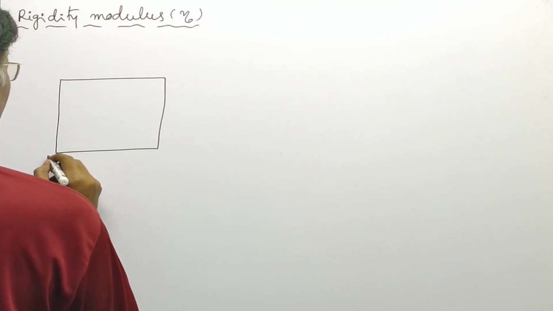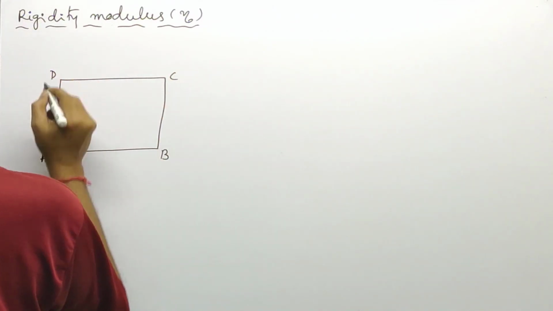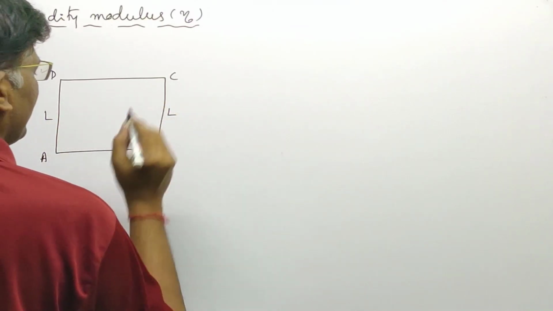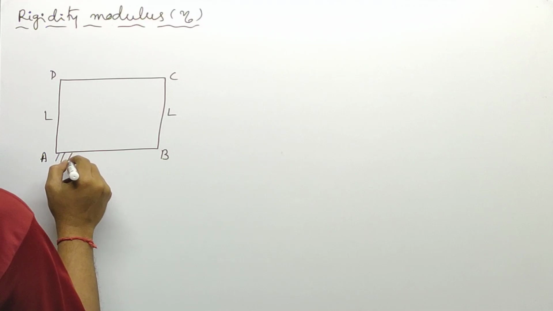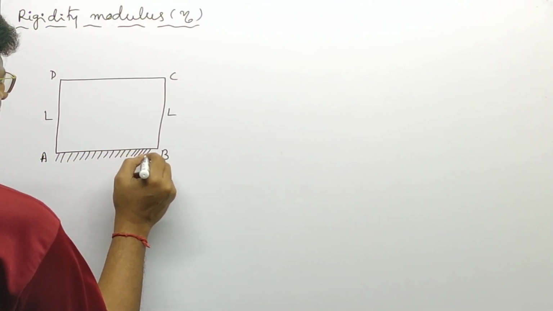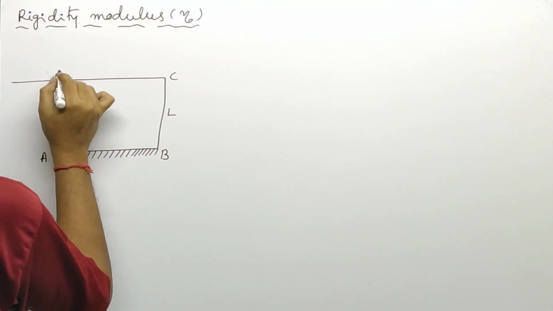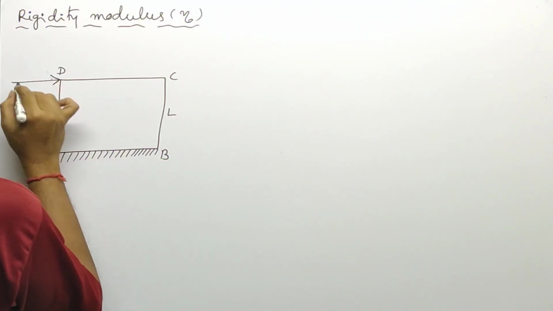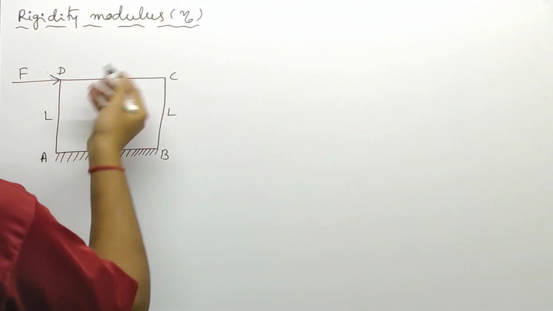So a cube ABCD of each side equal to L. Here the lower edge of the cube AB is rigidly fixed, and the upper face DC is parallel to it, with the force applied tangentially to this upper side.